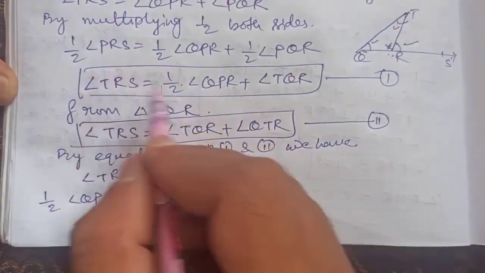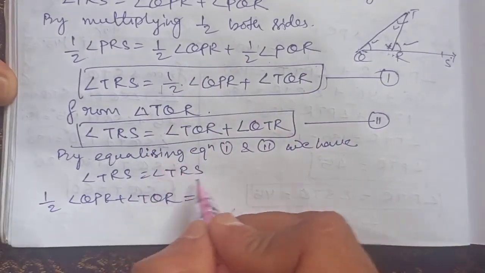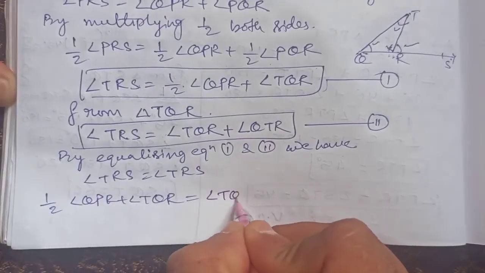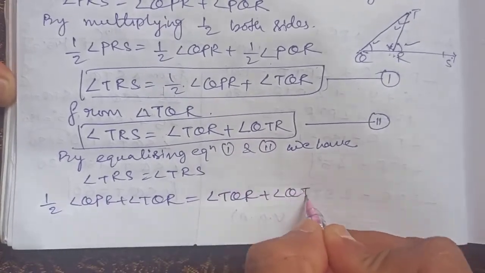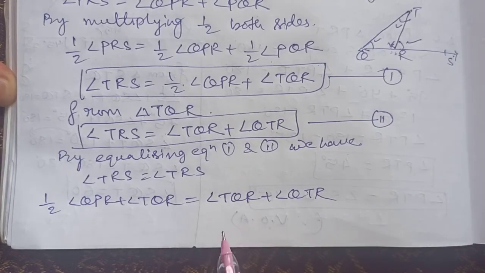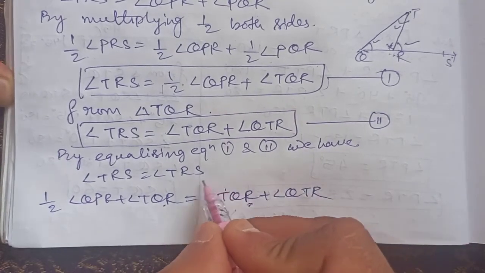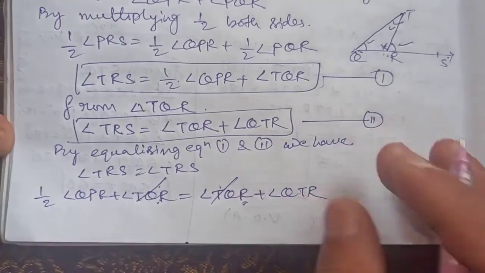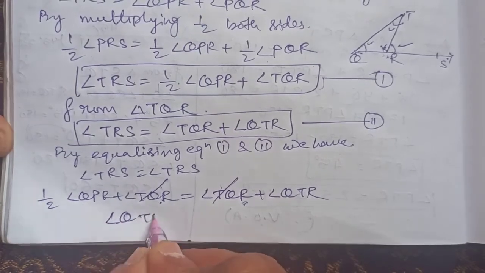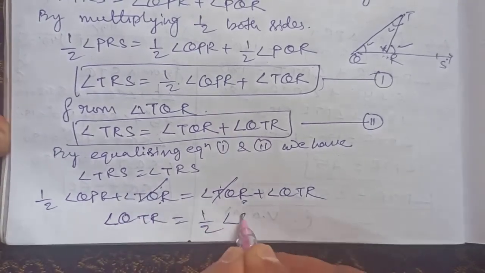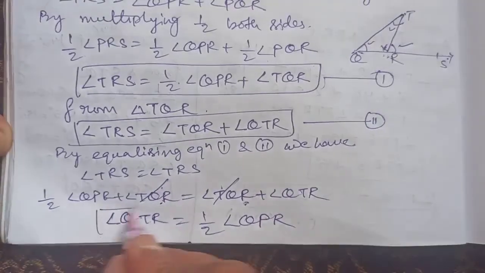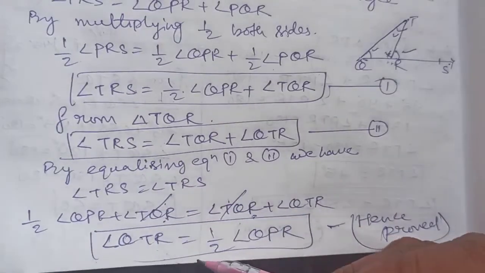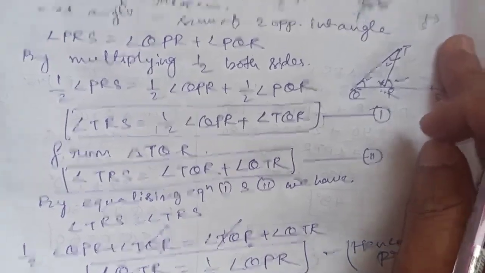In place of this TRS, I will write angle TQR plus angle QTR, because both are equal. Now, for both sides, which term is the same? These two terms are the same. If I bring this term to this side, it will be subtracted, that means both will cancel. So what did we get? We got angle QTR equals half of angle QPR. Is this what we had to prove? Hence proved. In this way we can prove that angle QTR is half of angle QPR.